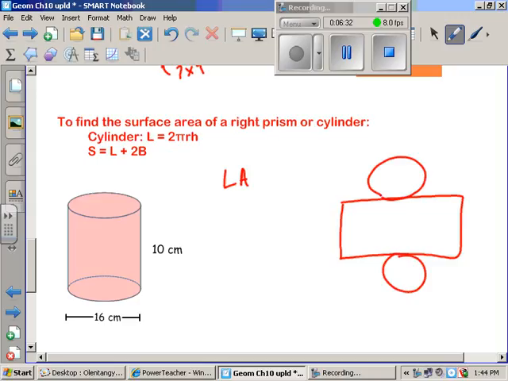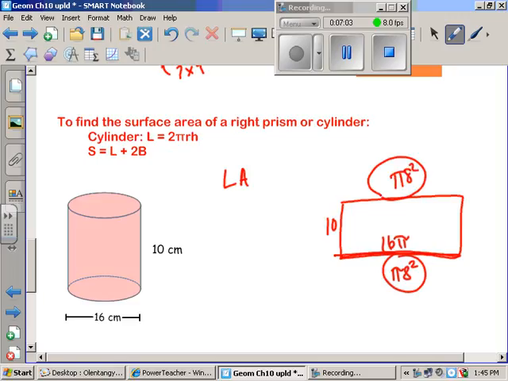So if this diameter is 16, that means the radius is 8, and the circumference is pi times diameter, so that's 16 pi. So the length of this rectangle is 16 pi. They gave us the height as 10, and we know the area of the circles is pi r squared.